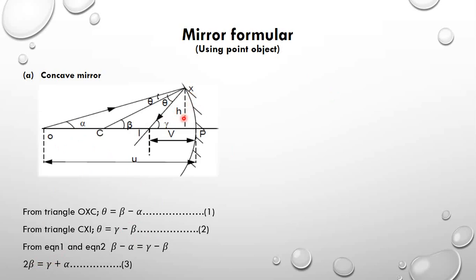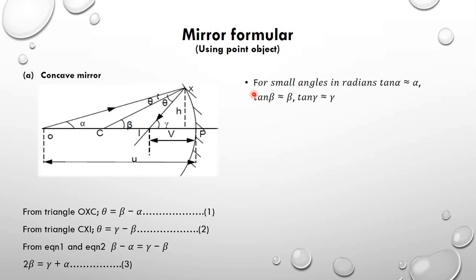But before we do that, we need to note that these alpha, beta, and gamma are small angles measured in radians. And if they are small angles measured in radians, then tan of alpha is approximately equal to alpha, tan of beta is approximately equal to beta, and tan of gamma is approximately equal to gamma.